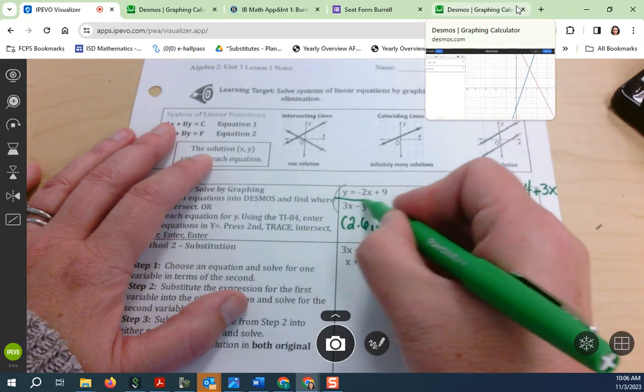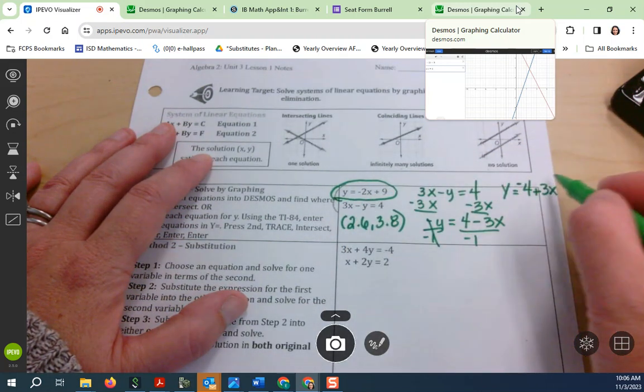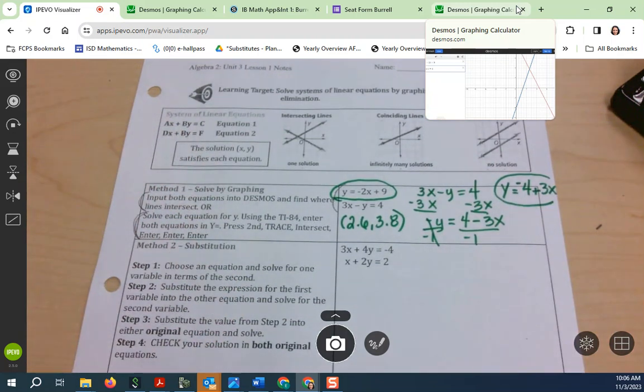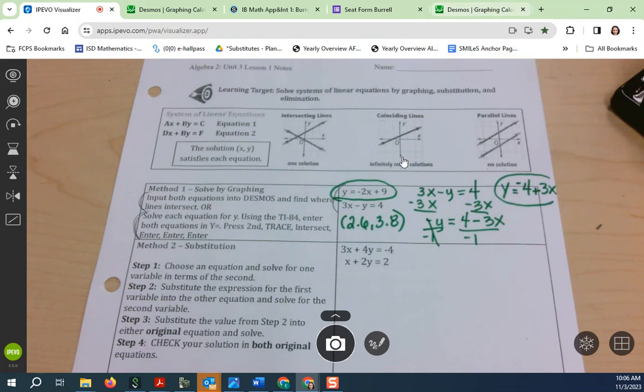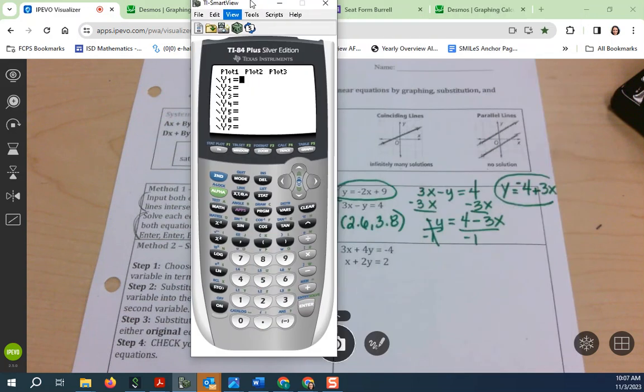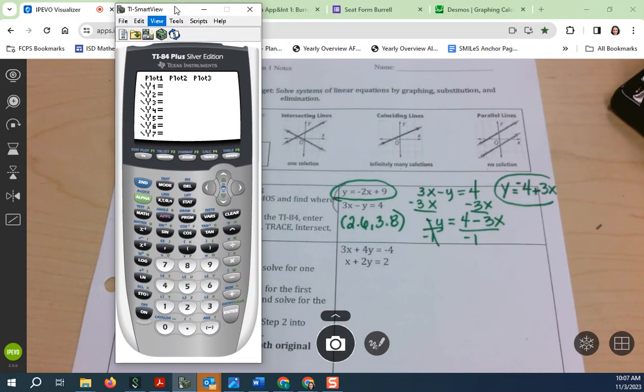So in the Desmos calculator, I'm going to graph this one and this one. All right, so the first one says negative 2.